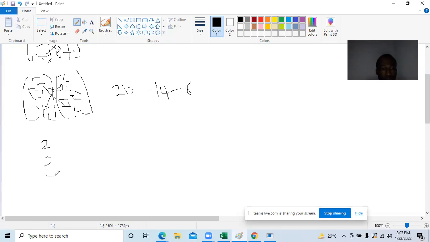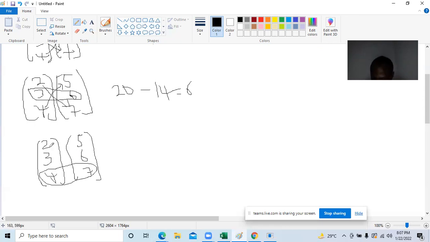So the second one is 2, 3, 4. Right? And this is 5, 6, 7. So we're going to take out this third plane now, and we're going to solve for this remaining.